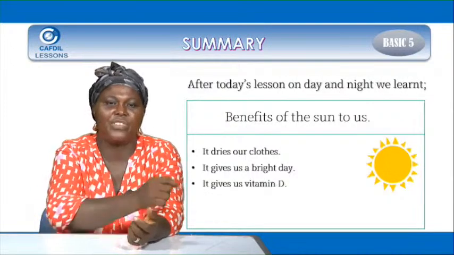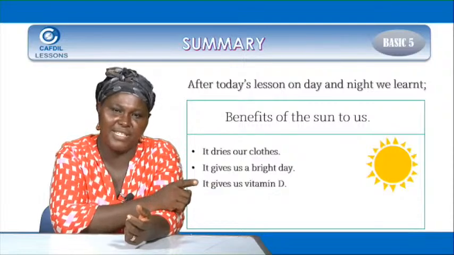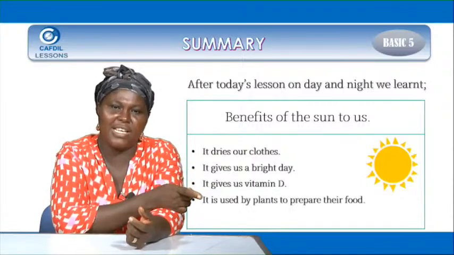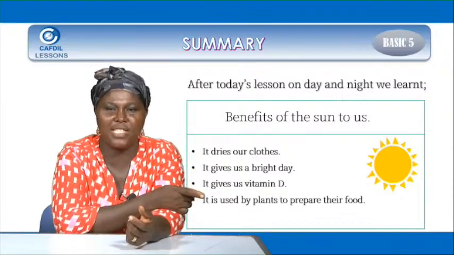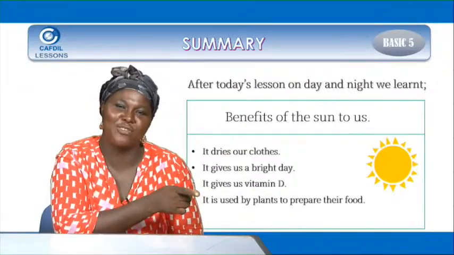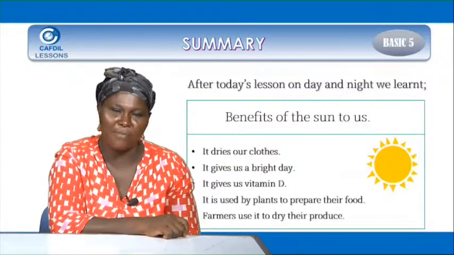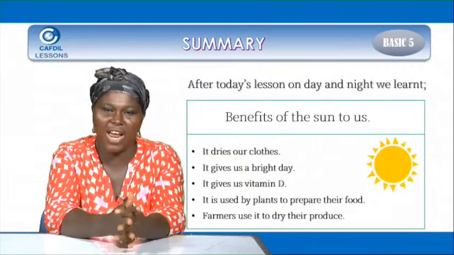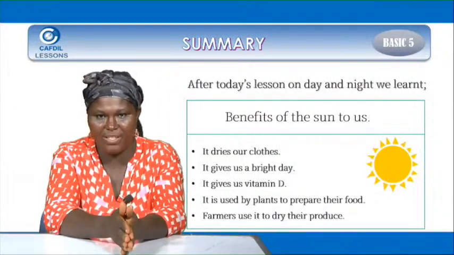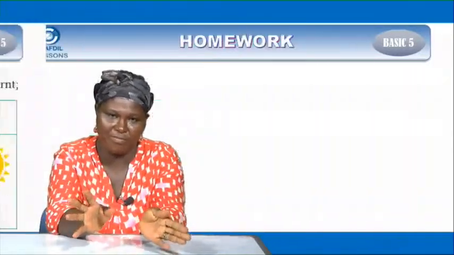Another one, it gives us vitamin D. It's used by plants to prepare their food. Another one, farmers use it to dry their produce. You have done very, very well.